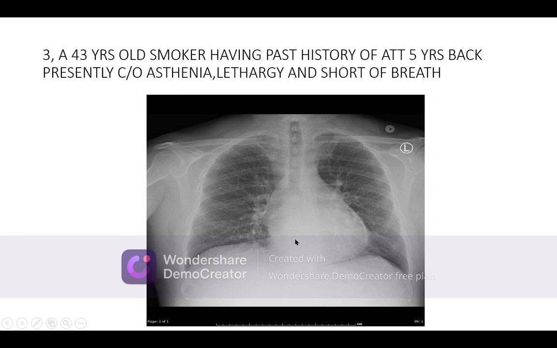These are the probable etiologies of this condition, and the management depends upon the etiology. If needed, other general measures should be done to relieve this patient from this condition.